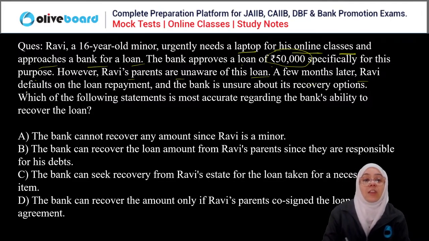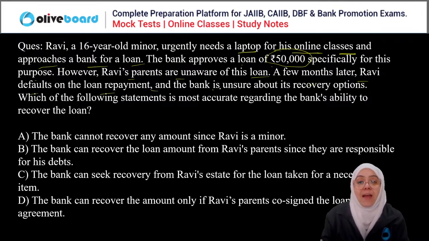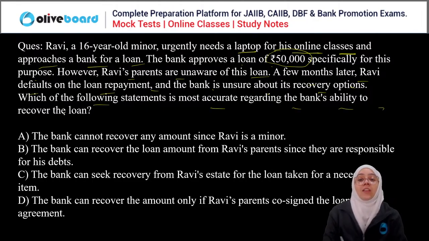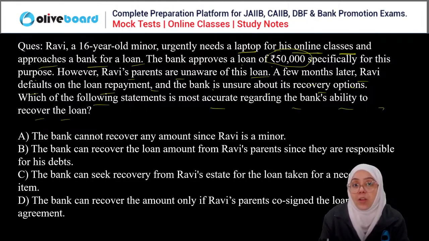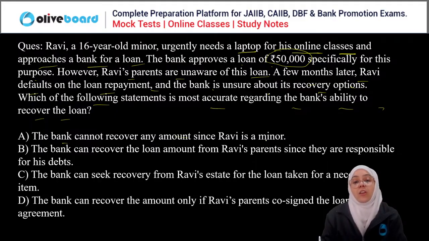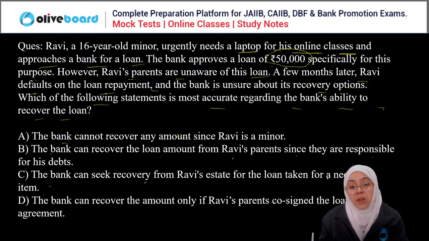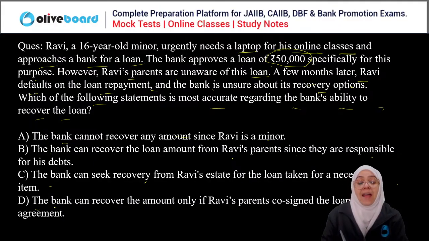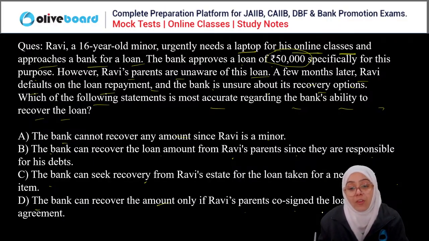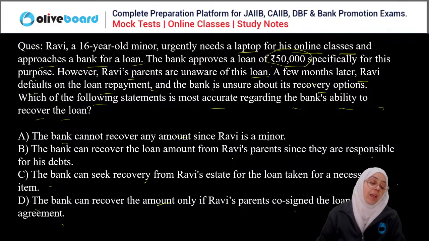A few months later, Ravi defaults on the loan repayment and the bank is unsure about the recovery. Which of the following statements is accurate regarding the bank's ability to recover the loan? The bank cannot recover the loan since Ravi is a minor. The bank can recover the loan from Ravi's parents. The bank can recover the loan from Ravi's estate. The bank can recover the amount only if Ravi's parent co-signed the loan agreement.